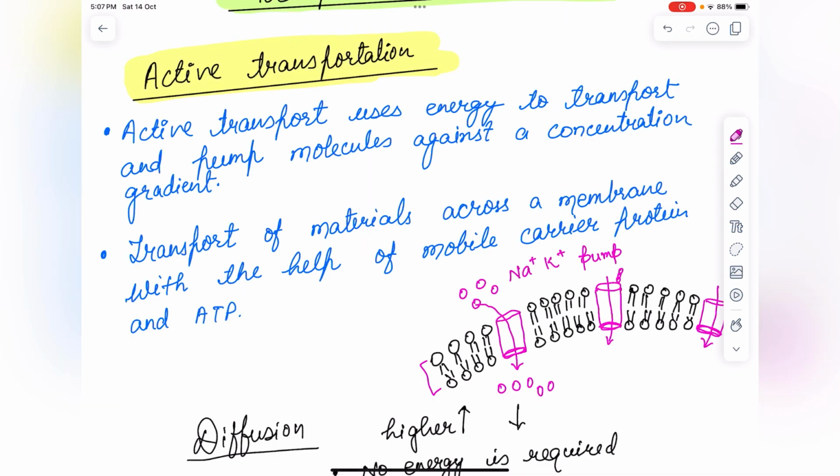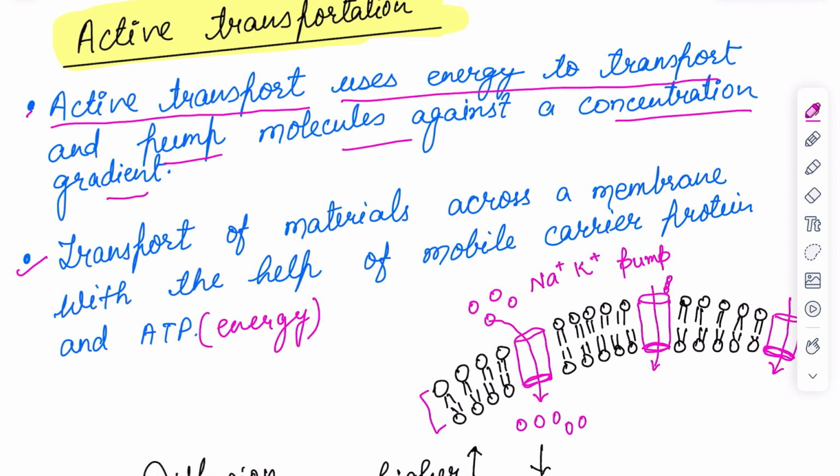Active transportation uses energy to transport and pump molecules against the concentration gradient. This is the first point. Second point, transport of materials across a membrane with the help of mobile carrier proteins and ATP. These are the carrier proteins, and with the help of energy, it is transported.